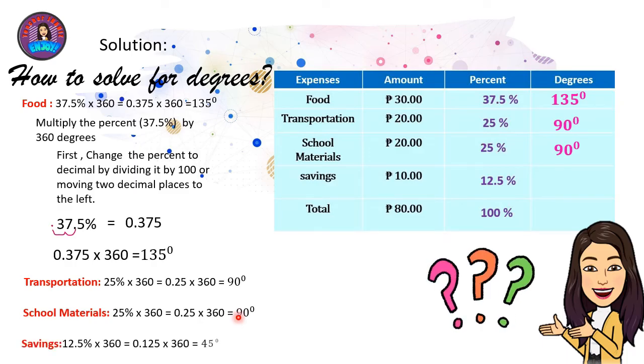For the savings, 12.5%, change it to decimal form, that becomes 125 thousandths, times 360 degrees, we get 45 degrees. A total of 360 degrees.